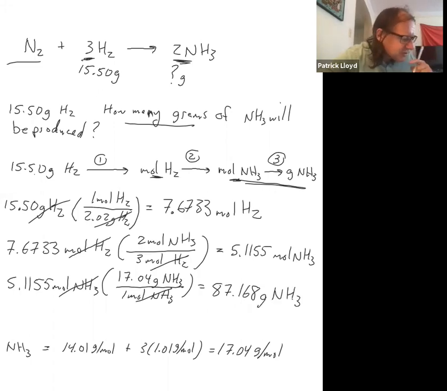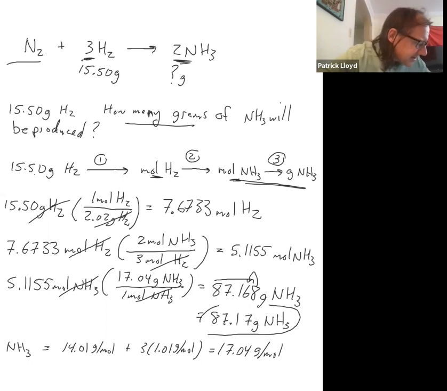I'm writing that out explicitly. But again, it looks like we've only got 4 sig figs, so we're going to round this to 4. So 87, I'm going to round that up, right? 8 is 5 or greater, so that goes to a 7. Oh, technically, I think we had a 2.02 in there somewhere, right? So I really should round it to 3 sig figs.